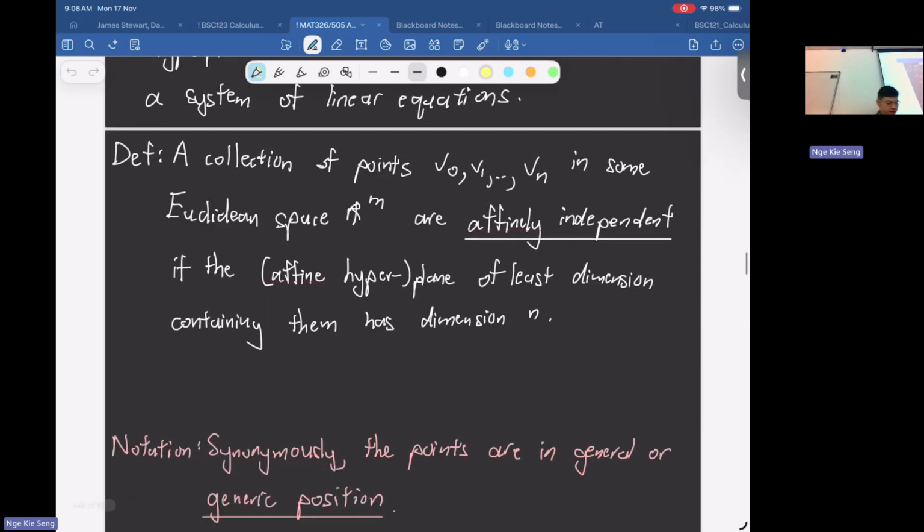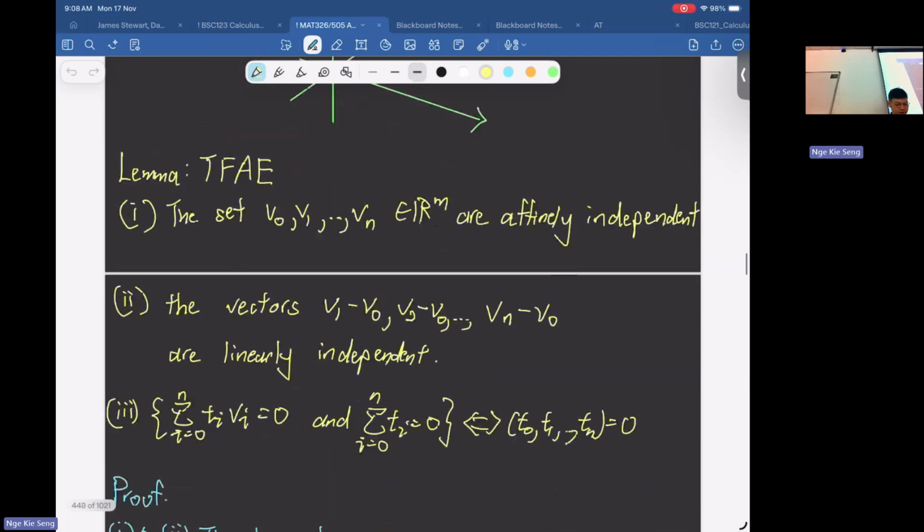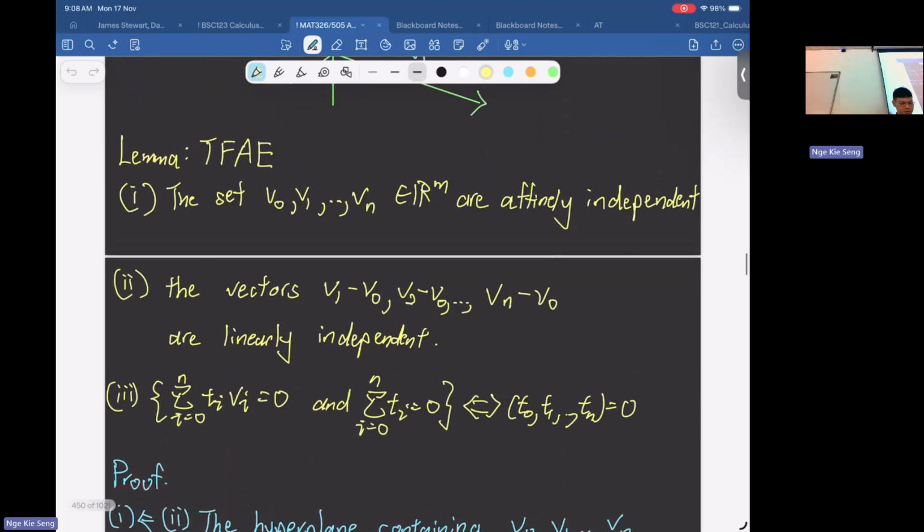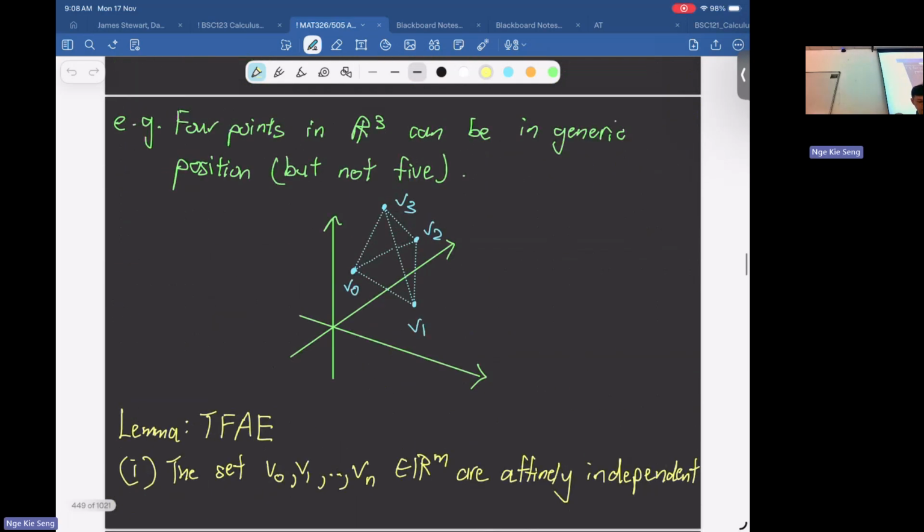It means that these points are affinely independent. So this hyperplane must at least be spanned by these n vectors, not spanned by the n+1 points, but their differences. Their differences are linearly independent.